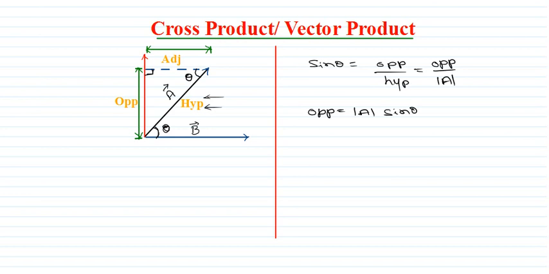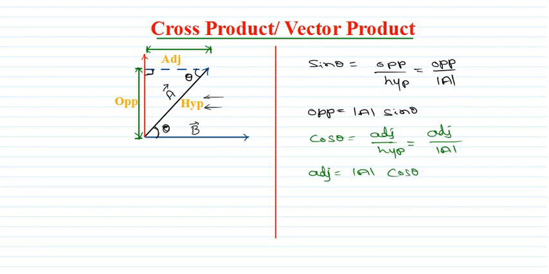And if I define cos theta, cos theta is equal to adjacent by hypotenuse, which is adjacent by magnitude of A. So now from this I can write adjacent is equal to magnitude of A into cos theta.